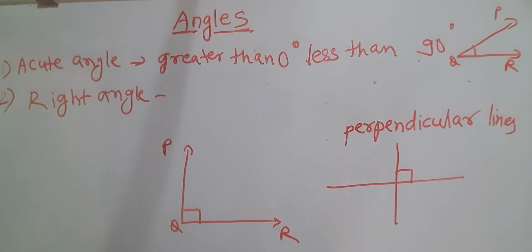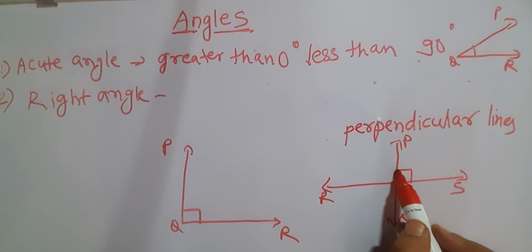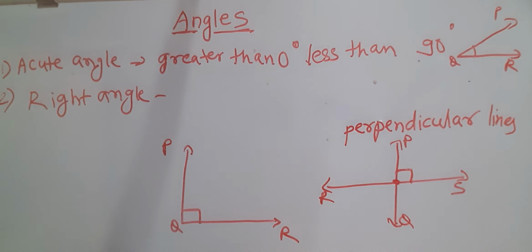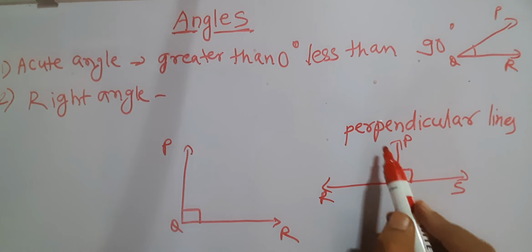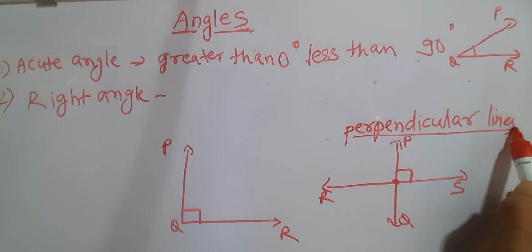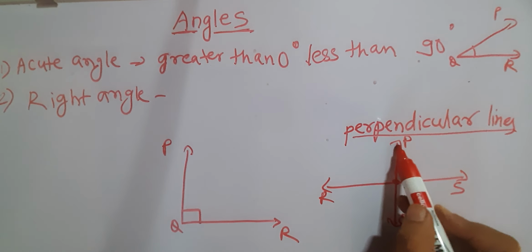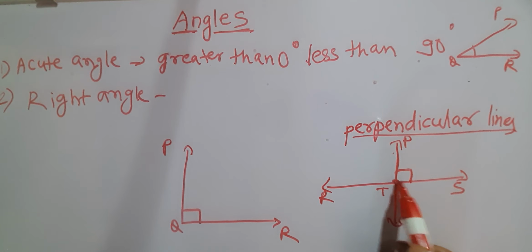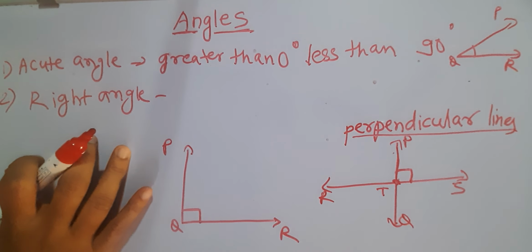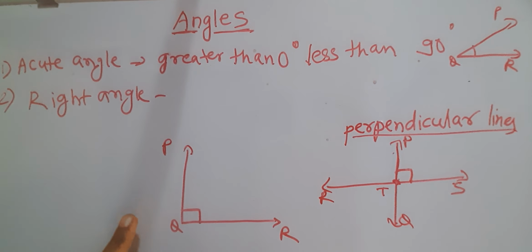Here PQ and RS are intersecting exactly at 90 degree, so these two lines are perpendicular lines. Similarly, the angle PTS is a right angle. So whenever it's a right angle, the two line segments or two rays are always perpendicular to each other.